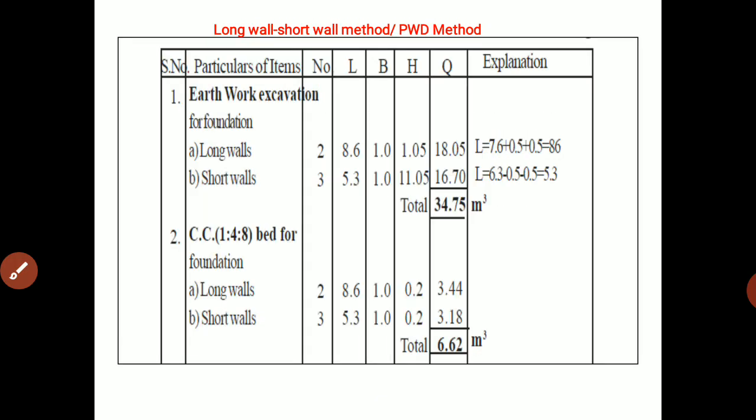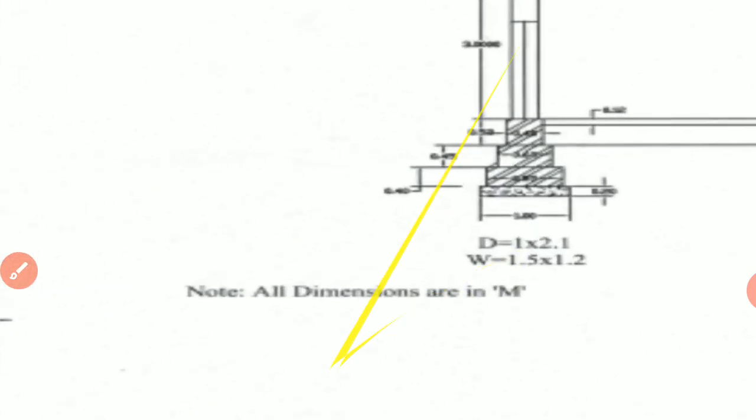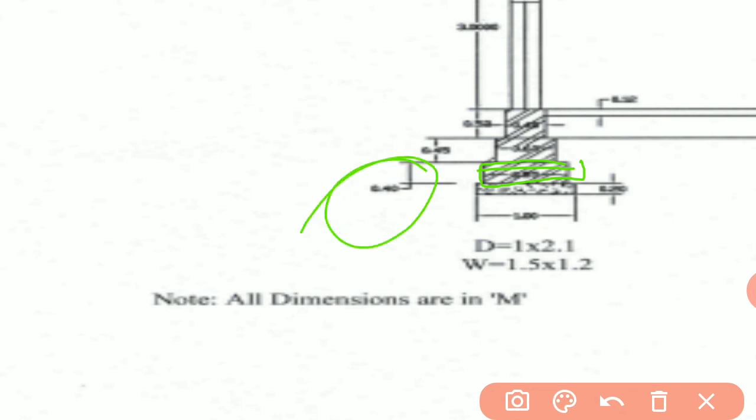So just again see the plan or section. We are calculating for this step, for this rectangle. The height is given and the width is given as 0.425. The width is given as 0.85.